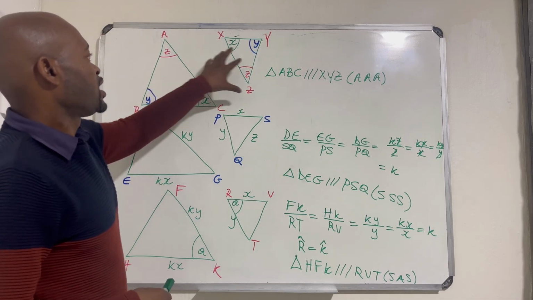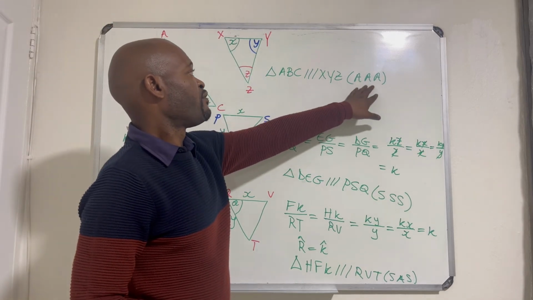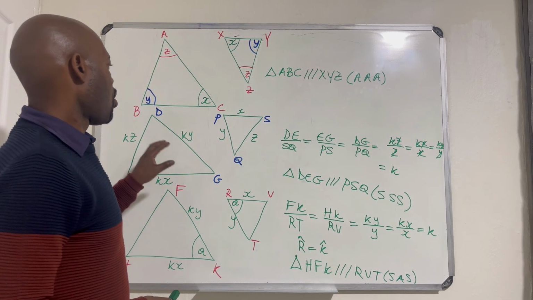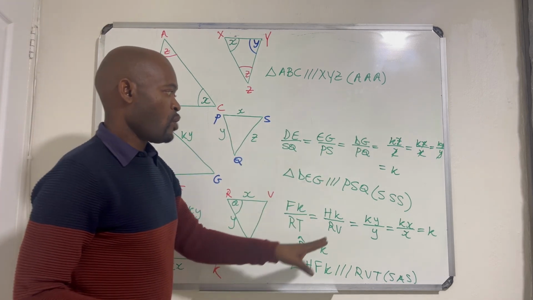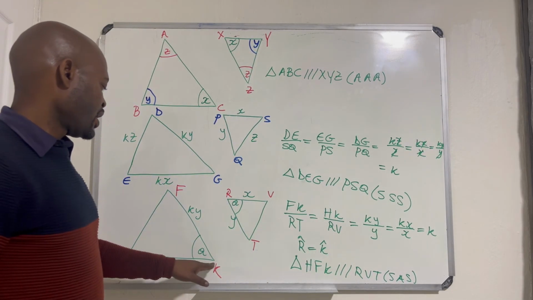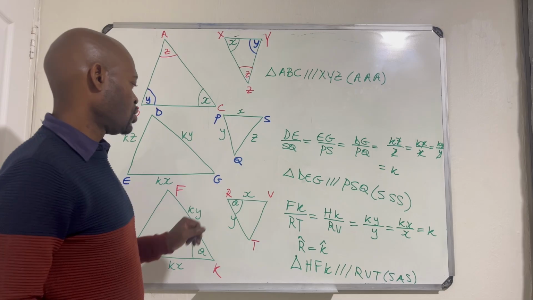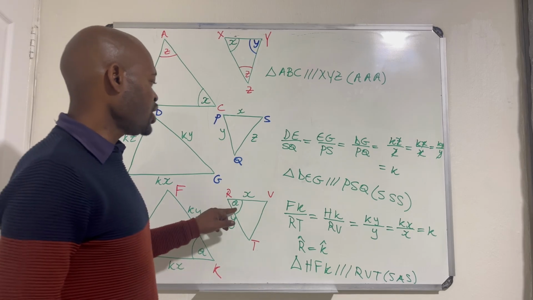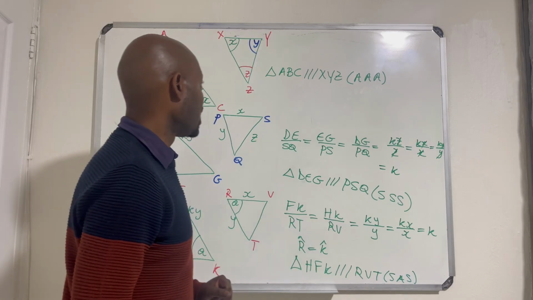So either two triangles are similar where the corresponding angles are equal, or where the corresponding sides are in the same ratio, or where two pairs of sides are in the same ratio and the included angle between the two sides is equal, then the two are also similar.